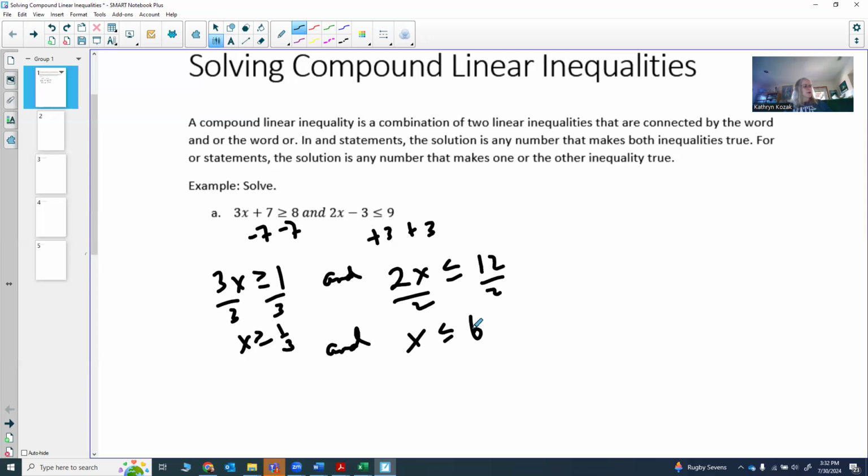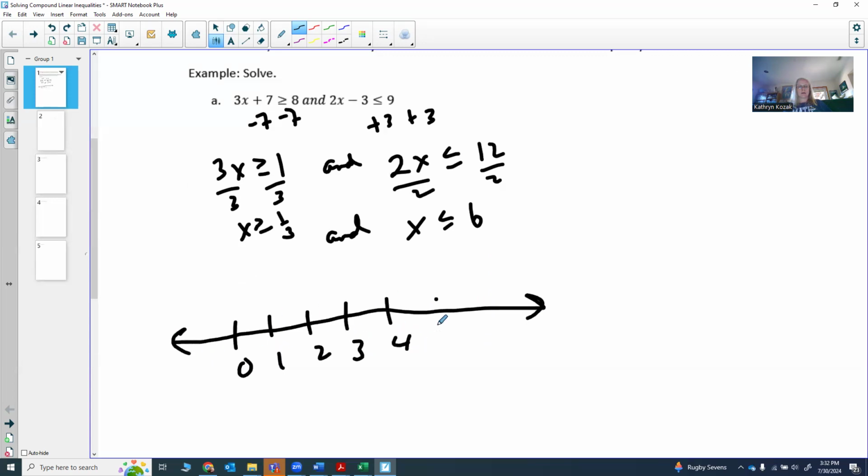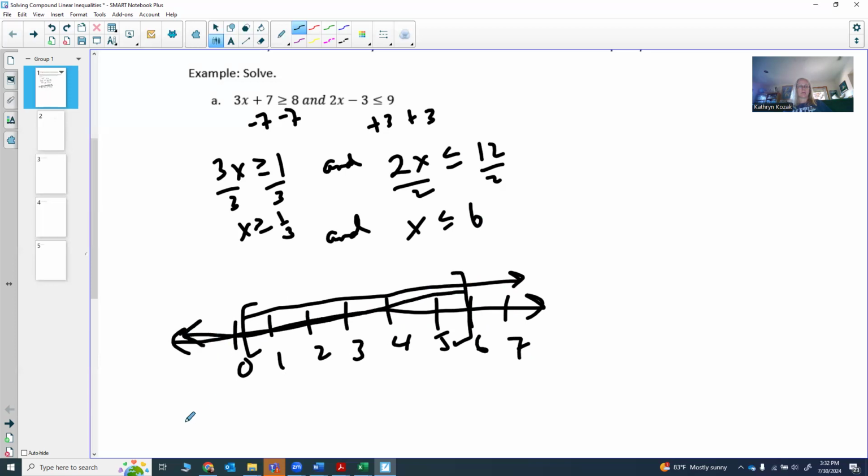Graphically, this looks like the following if both inequalities are graphed. On a number line, x is greater than or equal to 1/3. This way, right? And x less than or equal to 6. We'll start at 6 and shade to the left. Notice there's overlap in the two graphs.